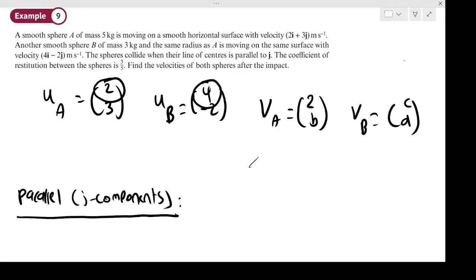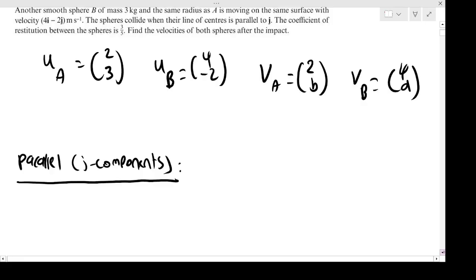And again, the I components won't change. So in this case, we can swap C for 4 as well. Okay. So immediately I can deduce that the I components remain the same, right? Hopefully happy with that. So it just remains to find B and D. And so I'm going to now look at my J components.